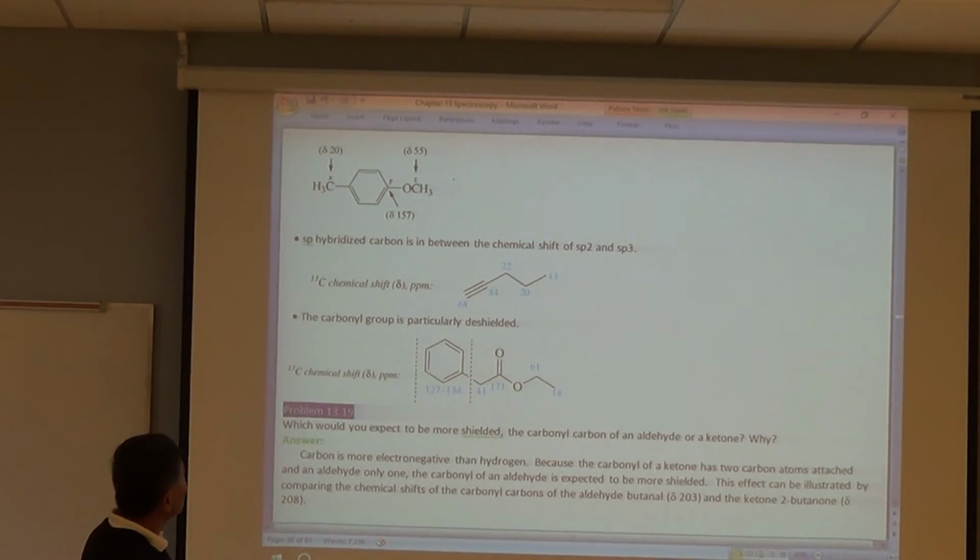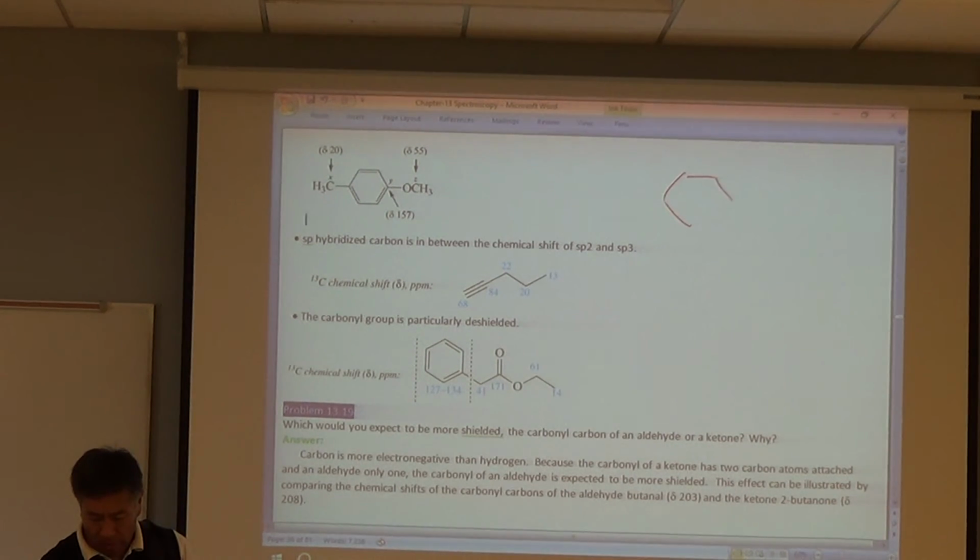Okay, good question. The reason is that X is also a CH3, the Z is also a CH3, right? What makes the difference in this example is simply that oxygen is more electronegative. So if you compare with what we did before for the proton NMR, you have O here, CH3 here, and you have CH3 here.